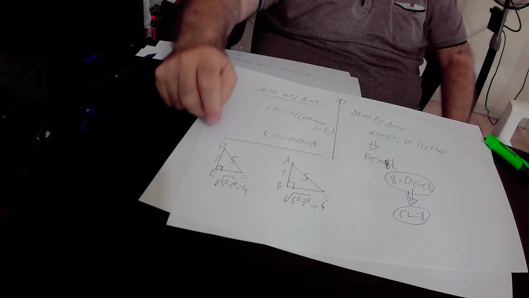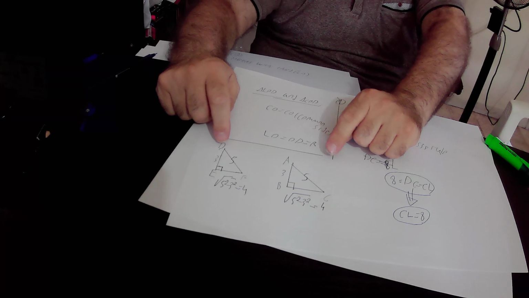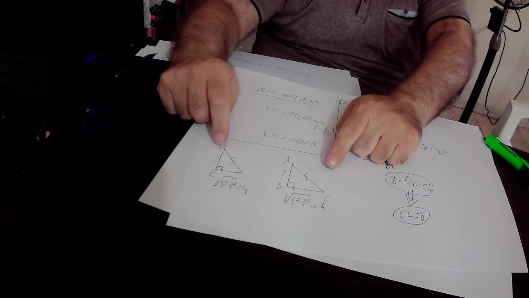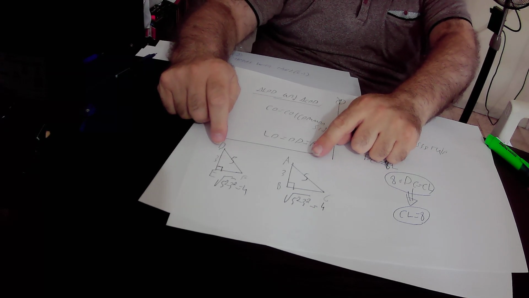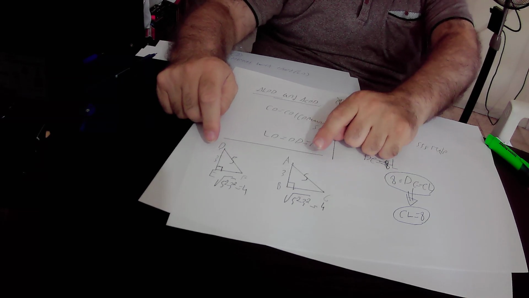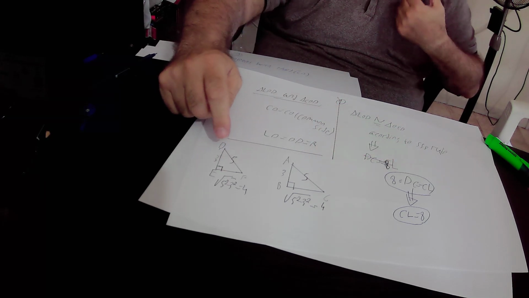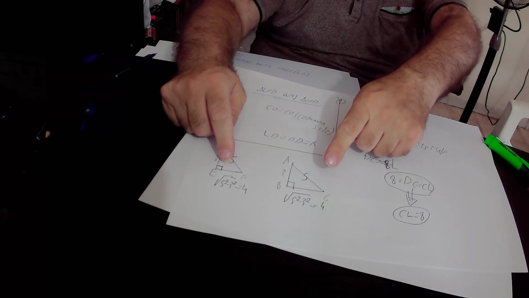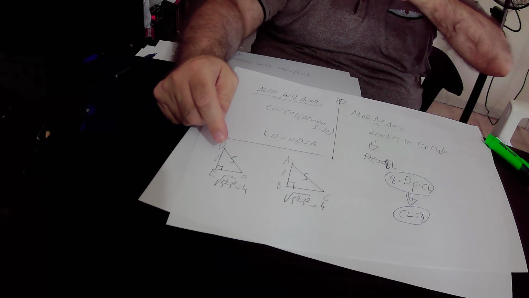Because if we have two right triangles that have the hypotenuse and one side equal in both, AC equals DF equals 5 and AB equals DE equals 3, therefore the missing third side must also be equal in both those right triangles according to the Pythagoras theorem.